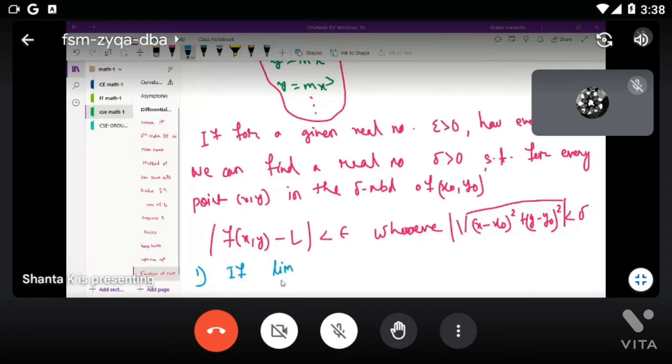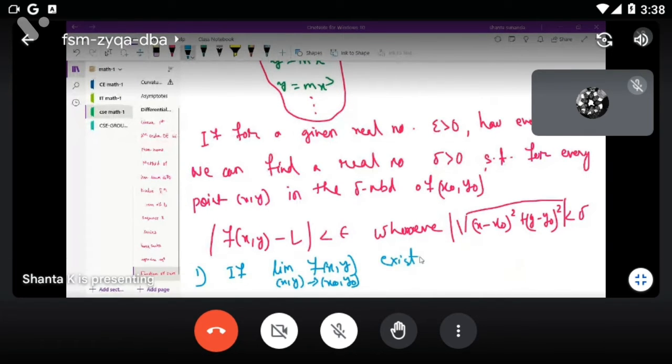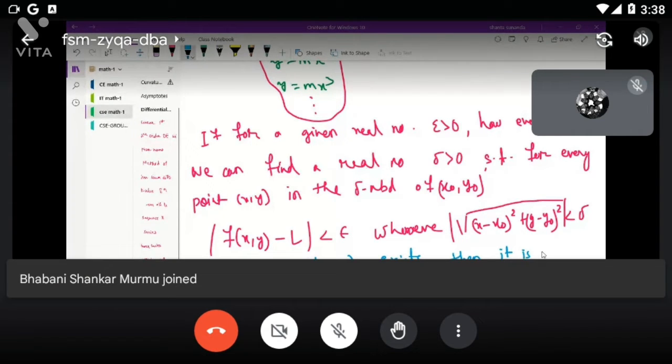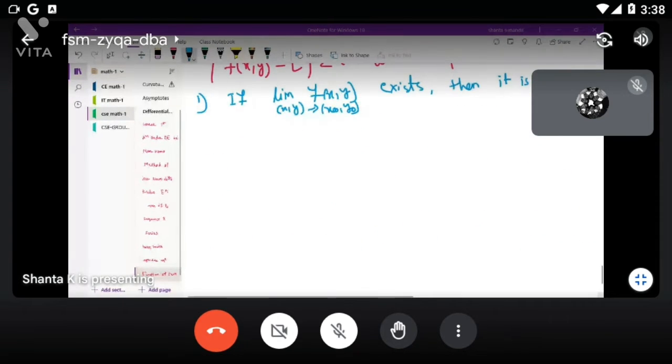If the limit exists, then it is unique. In all paths, you will have the same limiting value. So if the limit exists, it is unique.